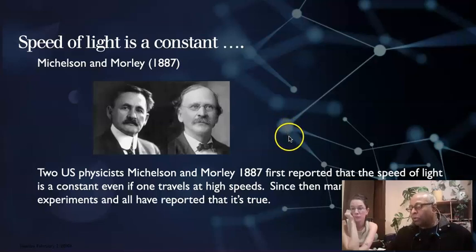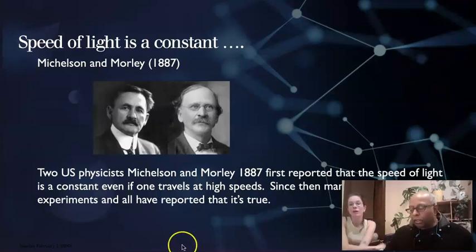Others also came up with different types of experiments. Even now, today in 2023, everybody has measured the speed of light to be a constant. The question was that because the speed of light is very big and whatever they are measuring is small, the difference is so small that they could not measure it.